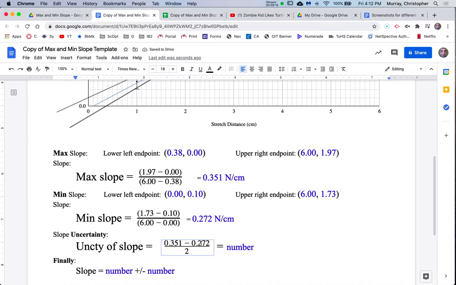Okay. Now if I take those two numbers, this one minus this one divided by 2, I get roughly 0.04 as the uncertainty of the slope. I get 0.039.